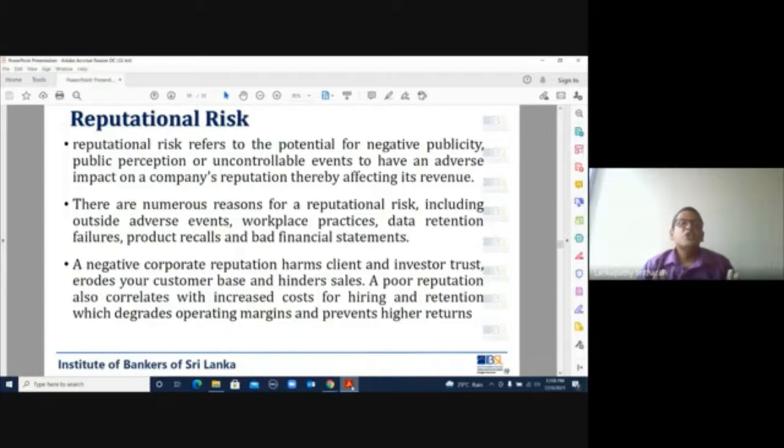Okay, there are 2 different concepts. One is reputational risk, the other is reputational loss. In some instances, reputation losses could be considered, but reputation risk refers to the potential of negative publicity, public perception, or uncontrollable events to have an adverse impact on the company's reputation, thereby affecting its revenue.